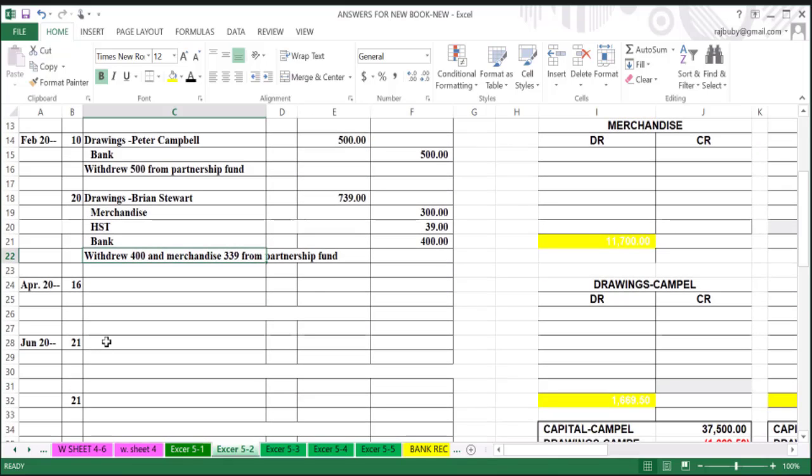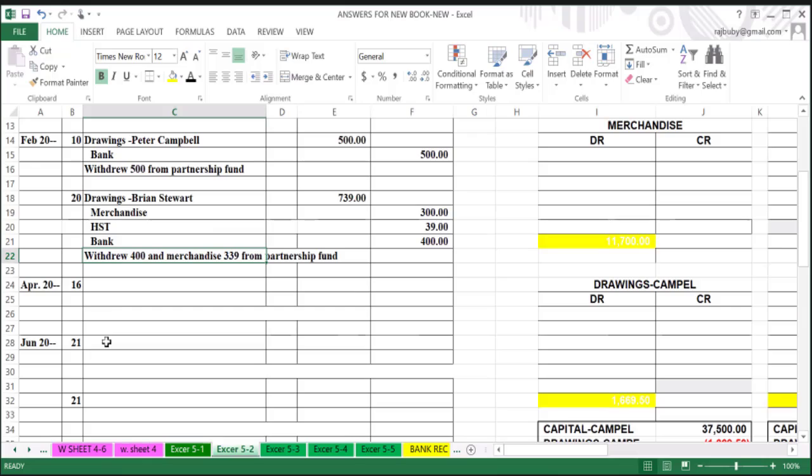Sorry, can I interrupt you for 1 second? So for February 20th, is it 400 plus that amount? Yeah, 400 cash, and also he took some merchandise. Because there's a period after 400, so I assumed it was 339 plus 61. No, the total, cash separately 400.